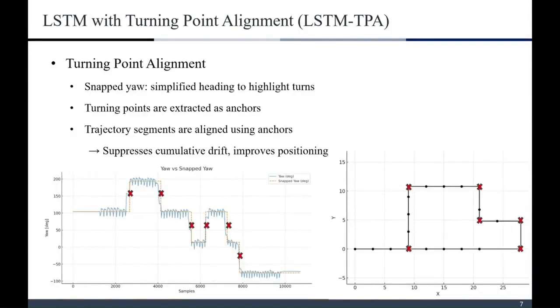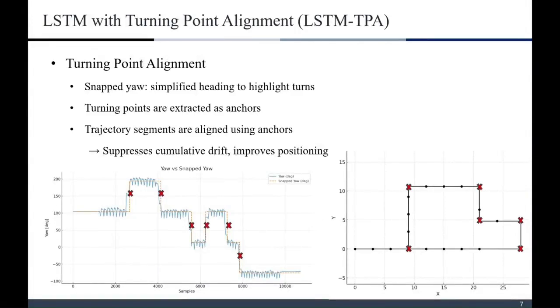In indoor environments, the available space and turning angles are usually fixed, for example 90-degree turns in corridors. This makes turning points reliable anchors that we can use as references. Based on this idea, TPA leverages turning points as anchors. On the left, you can see that snapping removes small fluctuations and highlights only the clear turning points.